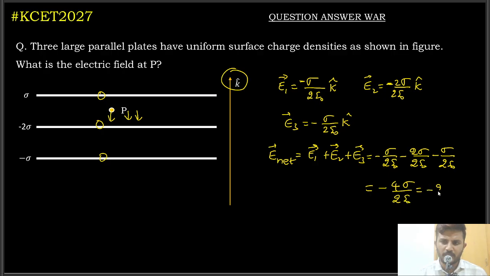So the answer will be minus 2 sigma divided by epsilon naught. This is the electric field at point P, which is below the positive plate and above the negative plates. So this will be the answer.